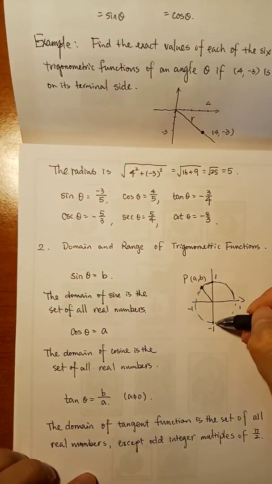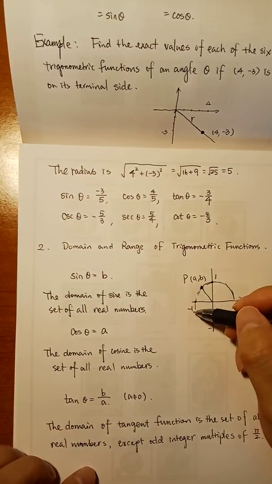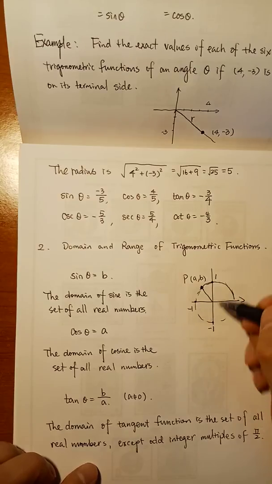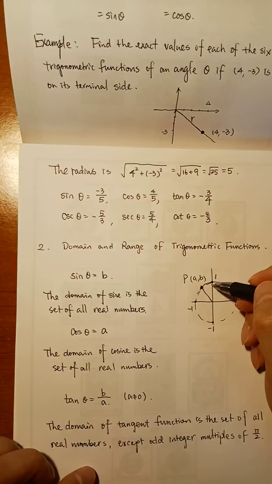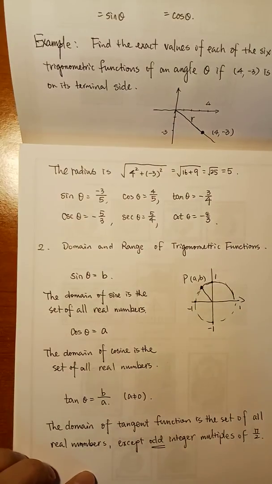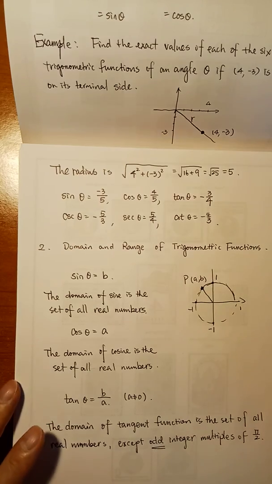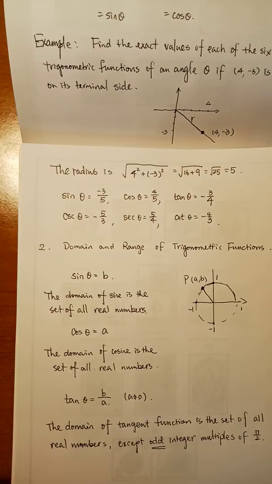So here's pi over 2, here 3 pi over 2. So you skip the 2 pi over 2. Pi over 2 is this point, so this point is not a good point for the tangent. So pi over 2, 3 pi over 2, then you go on, you will get 5 pi over 2, 7 pi over 2, 9 pi over 2, 11 pi over 2. So it's the odd integer multiples of pi over 2. Okay? So this is the domain of the tangent function. It is the set of all real numbers except the odd integer multiples of pi over 2.